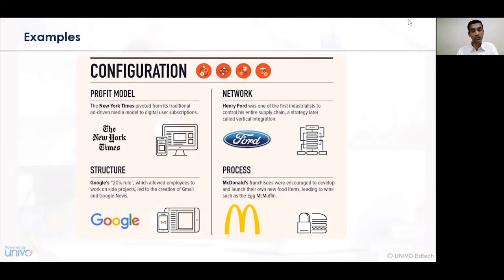Henry Ford was one of the first industrialists to control his entire supply chain, a strategy later called vertical integration. In this scenario, Henry Ford was the first industrialist to control his entire supply chain, which can be implemented as either horizontal integration or vertical integration.